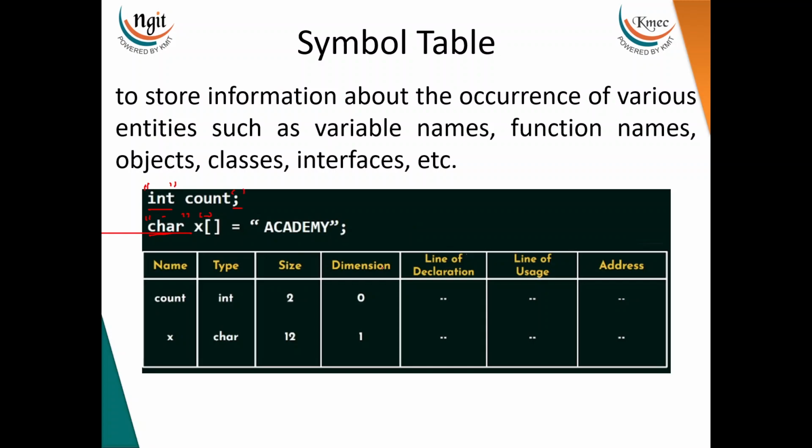So now, as I told you, every phase deals with the symbol table. First, in lexical analysis, whenever an identifier is detected, it just inserts a record with the default information. Which means it is not going to store the type, the size, or the line of declaration. The lexical analysis simply inserts the record with the default.